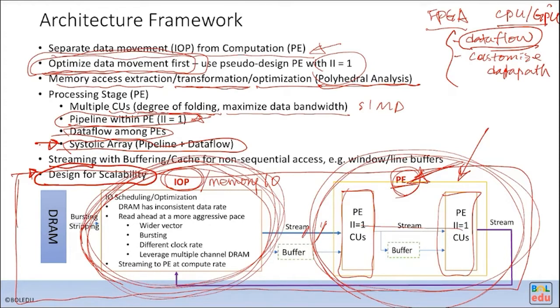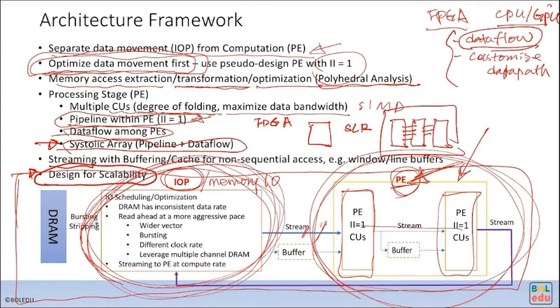Let's talk about different levels of scalability. An FPGA chip can have multiple SLRs. An SLR is a die, and multiple dies are interconnected together to become an FPGA chip.